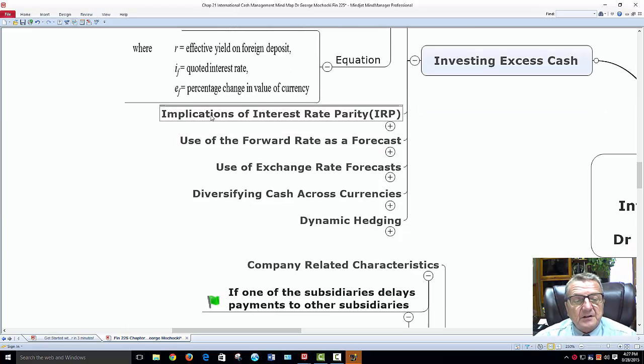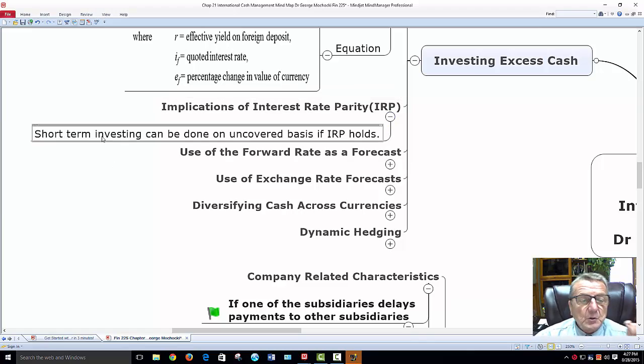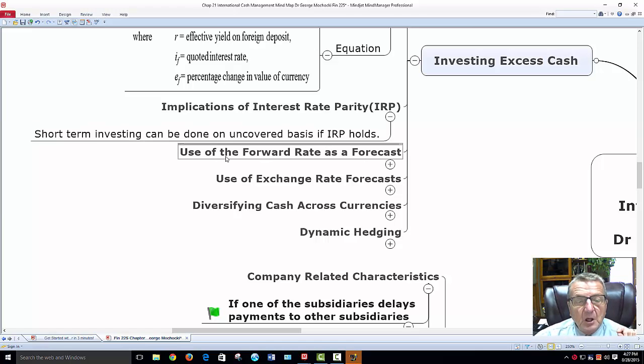Okay, so let's look at the implementation of interest rate parity. We've had about 6 chapters about that. Short-term investment can be done on an uncovered basis of interest rate parity using a forward rate as a forecast.